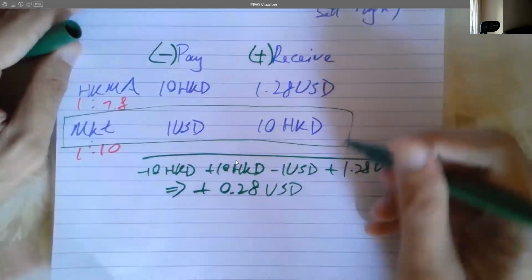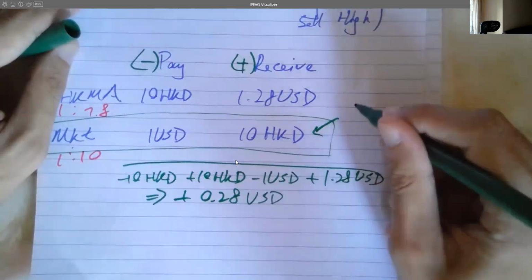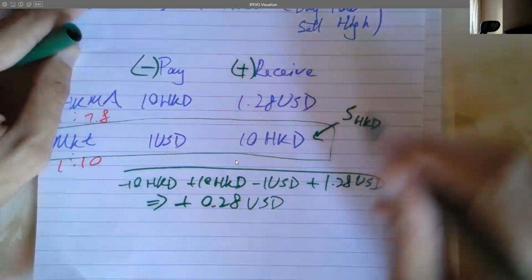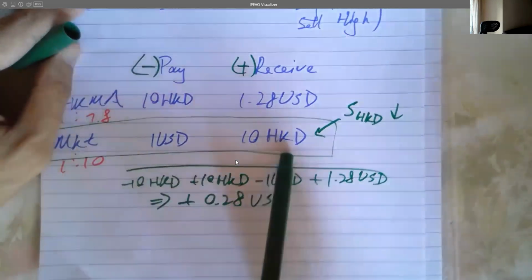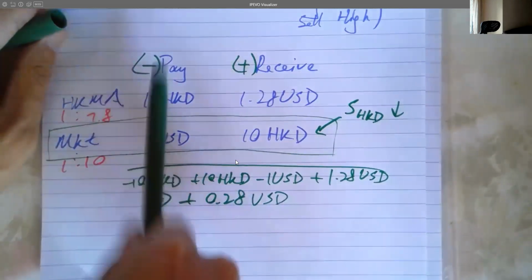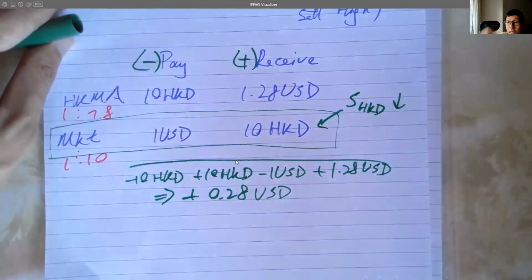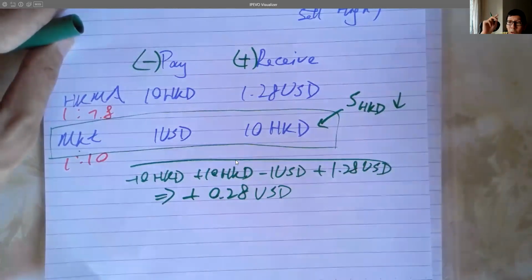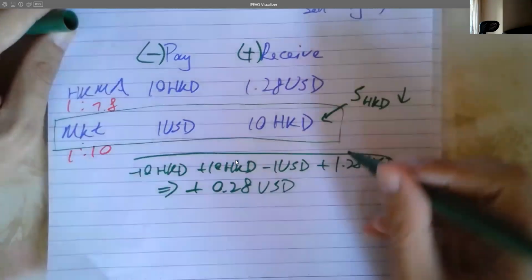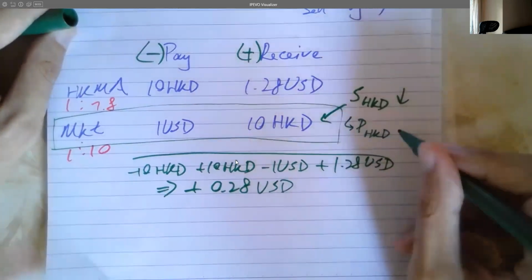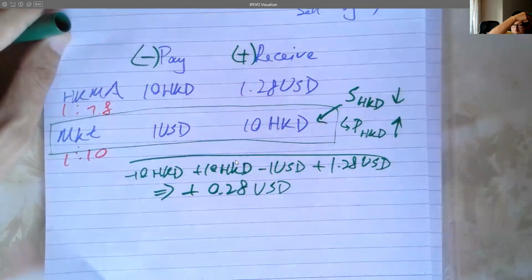In the market, basically the supply of Hong Kong dollars would go down. The banks take away Hong Kong dollars and send them to HKMA, so the market has fewer Hong Kong dollars. The supply of Hong Kong dollars goes down. When supply goes down, the price of Hong Kong dollar, or the exchange rate, would go up.